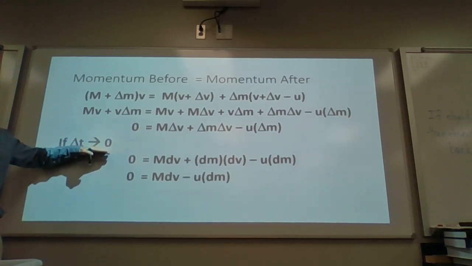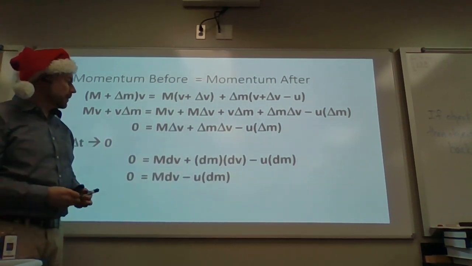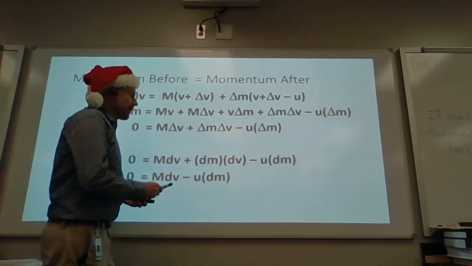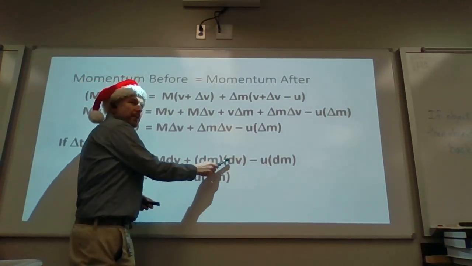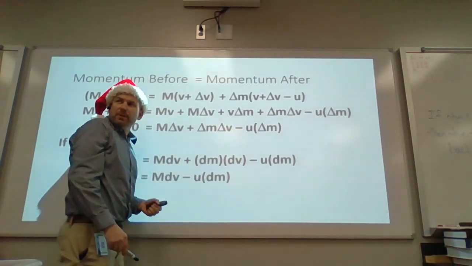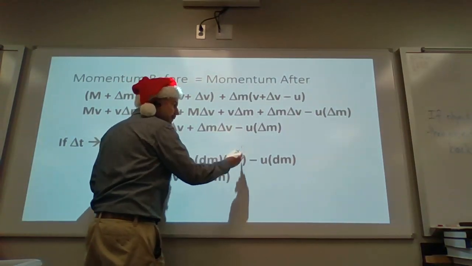If we make delta t really, really small, you get this infinitesimal change in velocity. These terms are infinitesimally small multiplied by something infinitesimally small, so this essentially goes to 0.